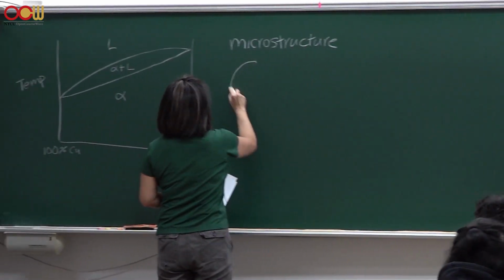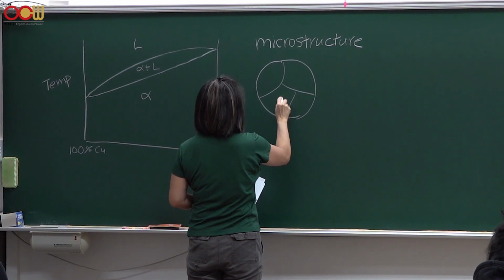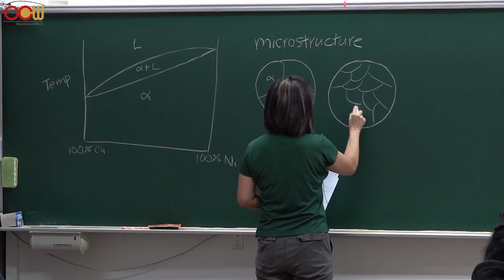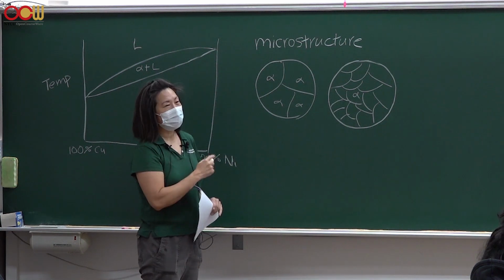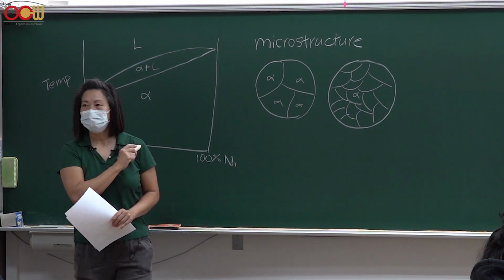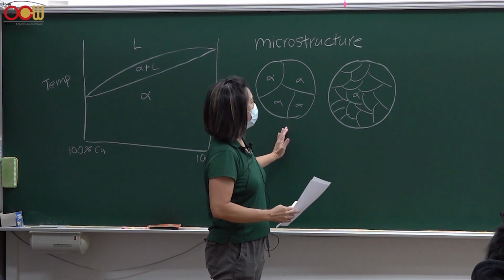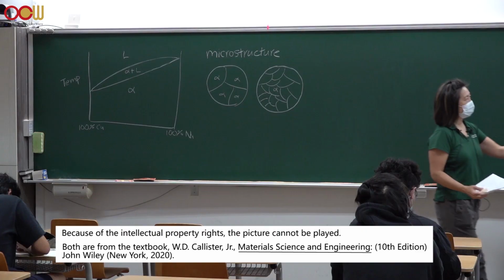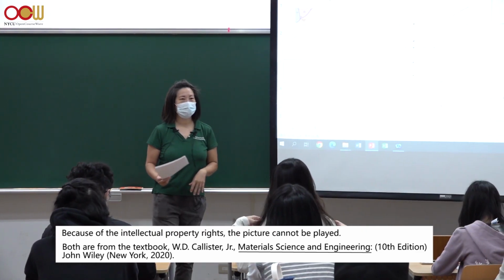But whether you get big grains like this or small grains, where these are all alpha, you can't tell by looking just at the phase diagram. So what do you think would determine if you get this or this? Because this diagram shows you that if you're somewhere within this region, you should get 100% alpha.